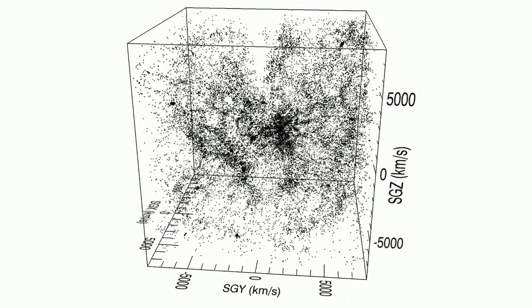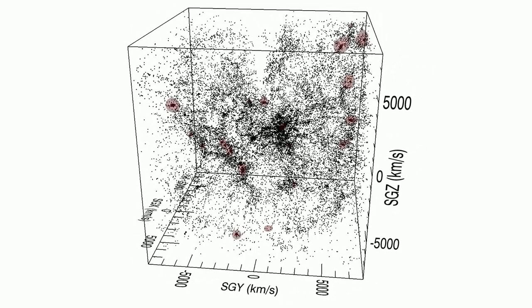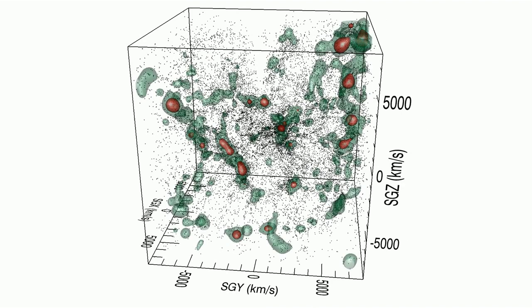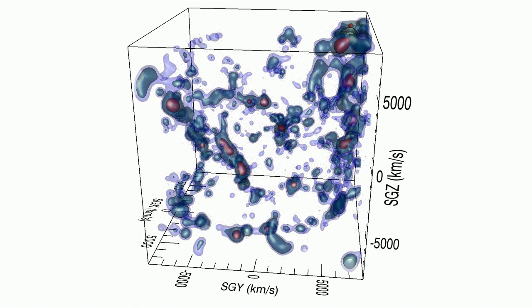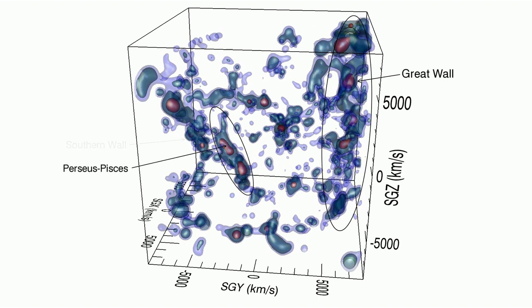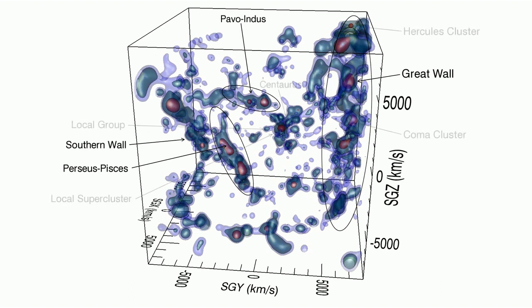If we assume the universe is similar from where we are to the edge, then we can roughly guess how many small galaxies we can't see are near the big galaxies that we can see. If we do this, then the local region appears dramatically reduced in importance. The main structures we see are the Great Wall, the Perseus-Pisces filament with the southern wall. Pavo-Indus is significant as well.